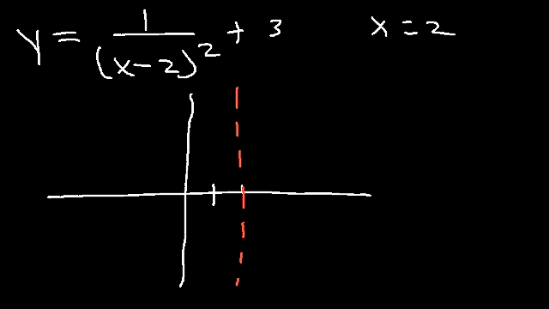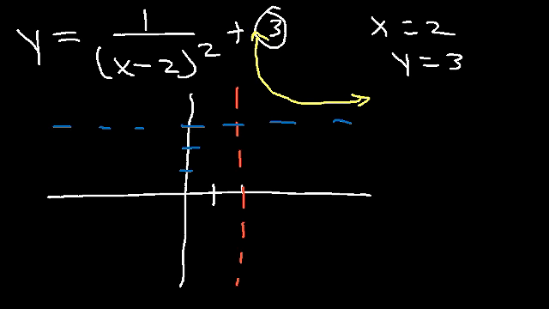And we can see that the horizontal asymptote is y equals 3. It's been shifted up 3 units. So the graph is going to be on this side, but it won't be here. Because it's squared, the left side and the right side will be the same across the vertical asymptote.